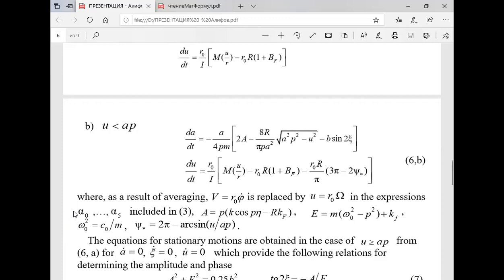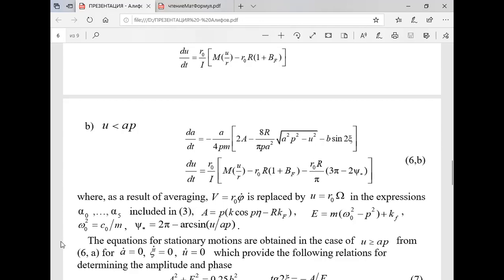A is equal P k cosine P eta minus RK sub P is equal M omega super 2 sub 0 minus P super 2 plus K sub F omega super 2 sub 0 is equal C sub 0, and psi sub asterisk is equal to pi minus arcsine u over AP.